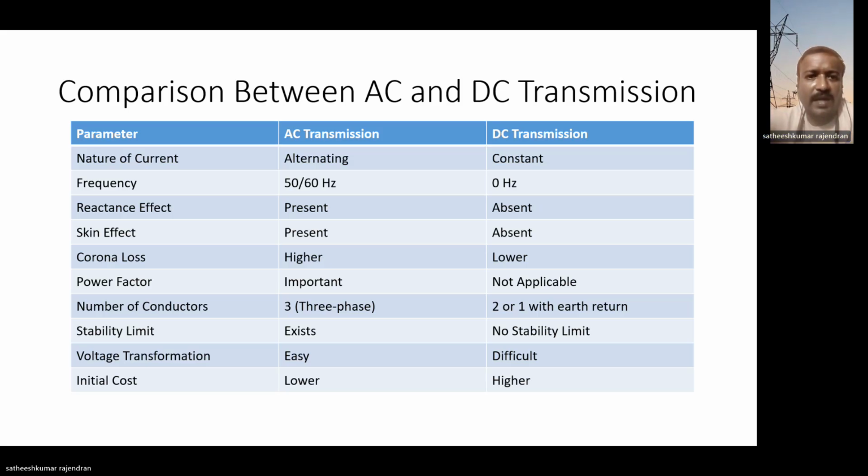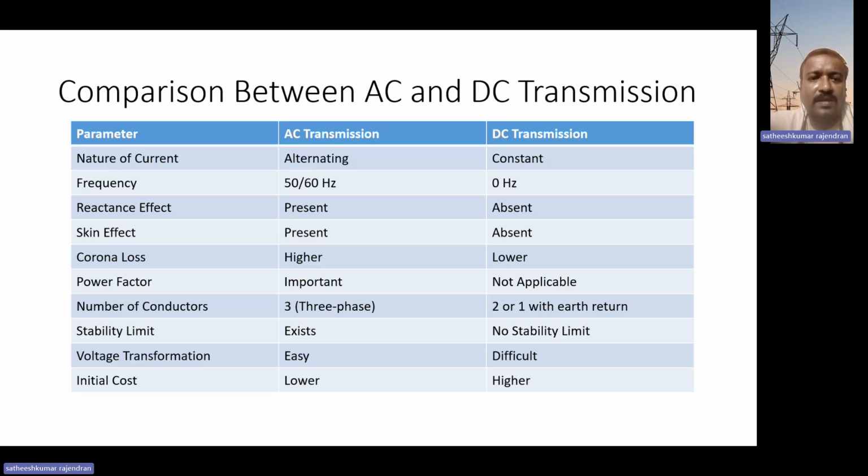Then next parameter is reactance effect. In AC transmission, we have reactance effect because of using transformers and coils and the transmission lines. So it has some reactance effect. In DC transmission, there is no transformer, so it is absent.